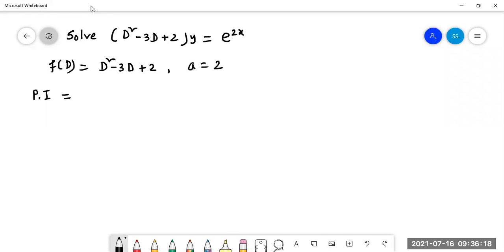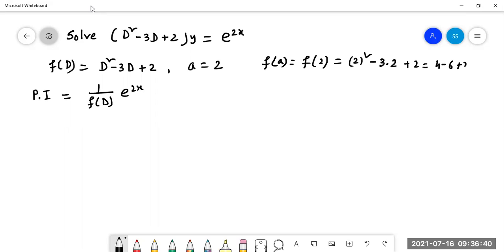So according to the formula, 1 by f(D) into e to the power 2x. Now f of a is equal to f of 2. f of 2 equal to 2 square minus 3 into 2 plus 2, that is 4 minus 6 plus 2 is equal to 0. Here f of 2 equal to 0. So we cannot put it.